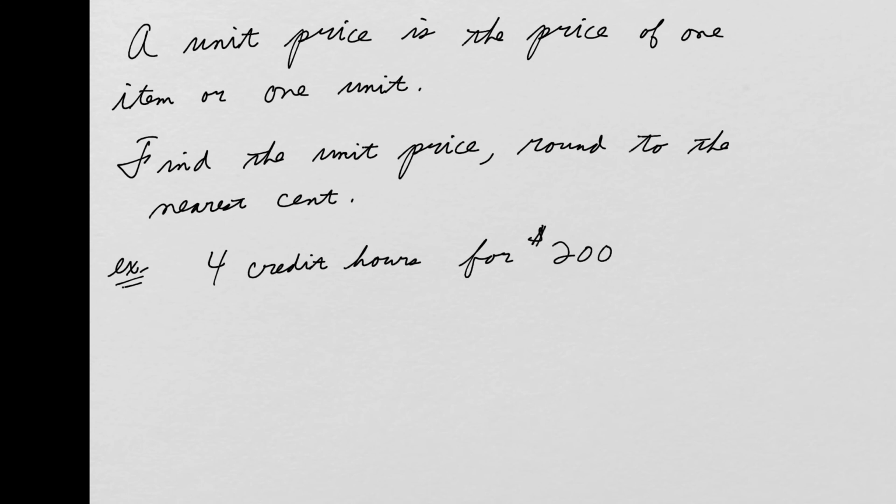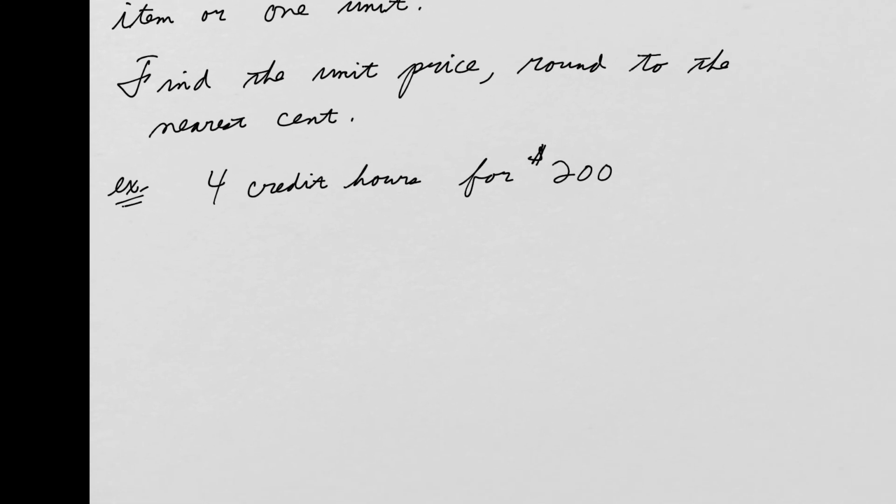Okay, and I want to find the unit price, which is going to be the price, right, the amount in dollars per credit. So the ratio I want to form is I want in the numerator the amount of money, right, over, and then the number of units, in this case, number of credits, that'll be in the denominator, 4 credits.